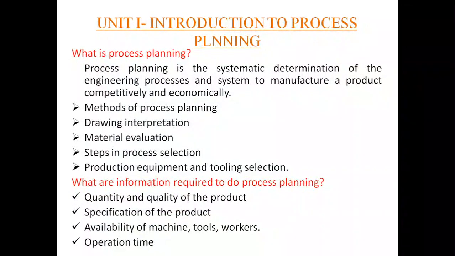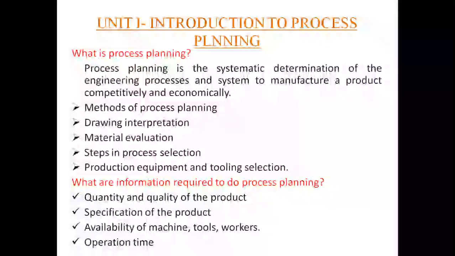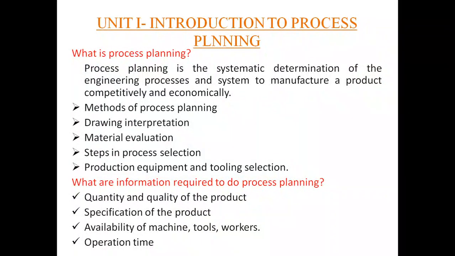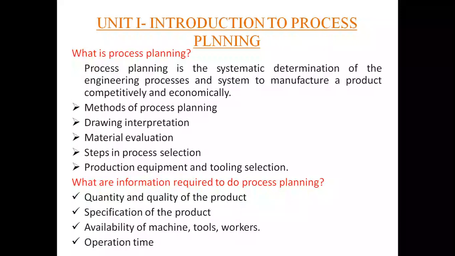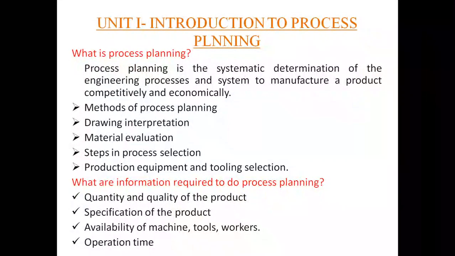Process planning consists of preparing setup instructions that describe how to manufacture the product and its parts. The task of process planning consists of determining the manufacturing operations required to transform a part from raw material to finished state as specified in the engineering drawing.